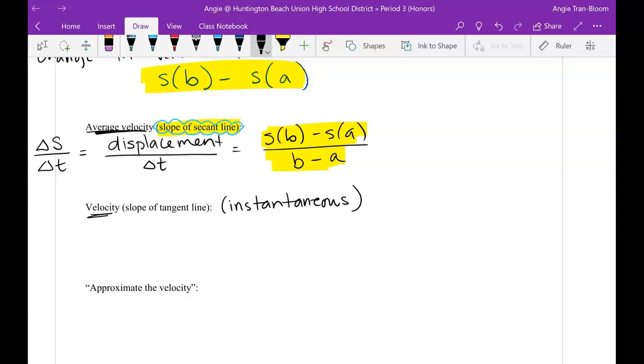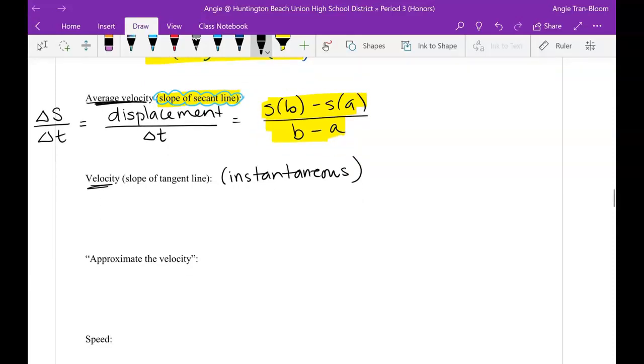So we would need to use a limit because we do not have a second point. So the limit as t approaches some value A, of S of t minus S of A all over t minus A. So it looks like I'm using the limit formula at a point, right?